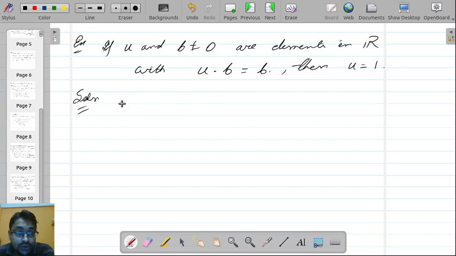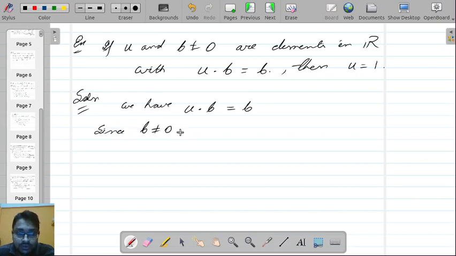So how do I prove it using these properties? Here we require another field axiom, the multiplicative inverse property, the existence of reciprocals. We have u dot b equal to b, and b not equal to 0, which is also given.